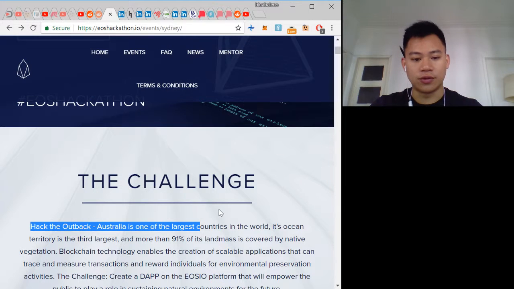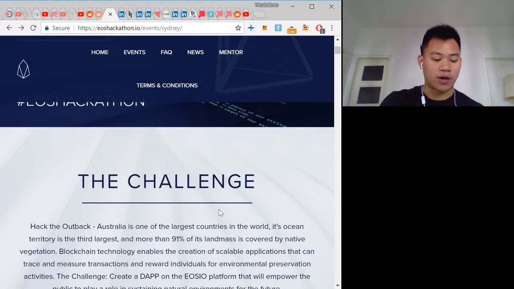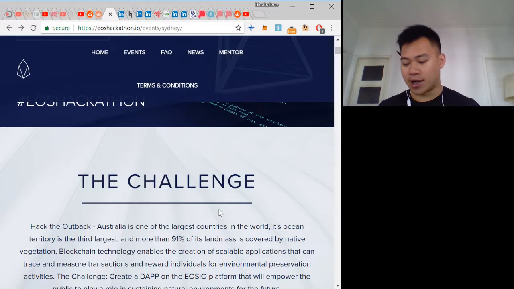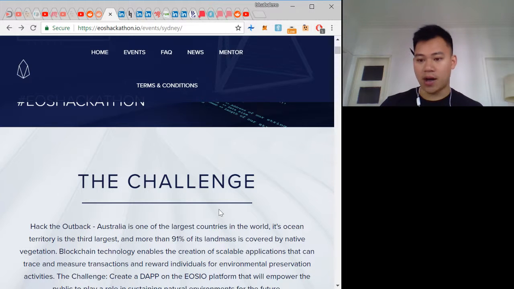You have to meet the criteria for the challenge, and then you get a score from the judges on the four criteria, which is utilization, creativity, impact, and scalability.